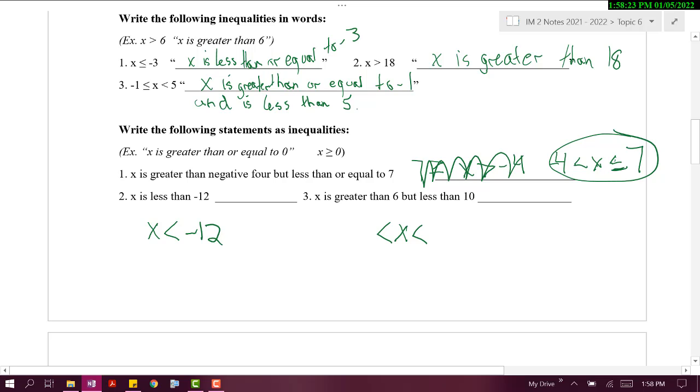Because it's kind of flipped around, the 6 is over here, because x is bigger than that. This says 6 is smaller than x, which means x is bigger than 6. But less than 10. So x is less than 10. Not including either point, because they weren't less than or equal to or greater than or equal to. So that's how we write our inequality notation.